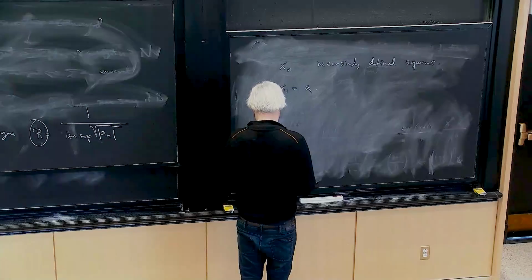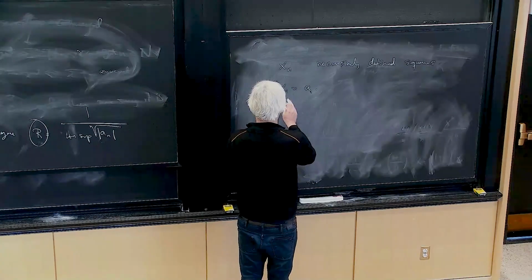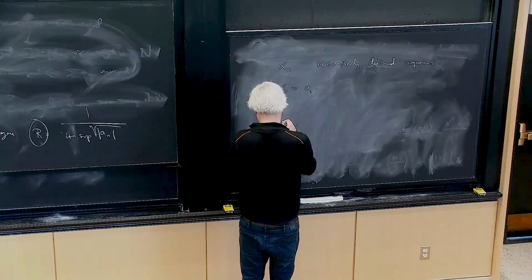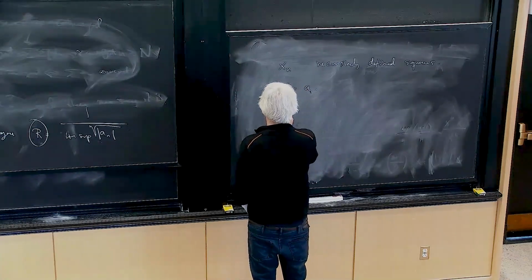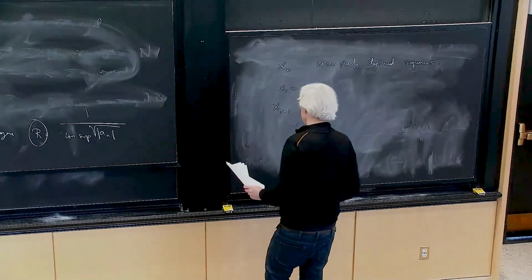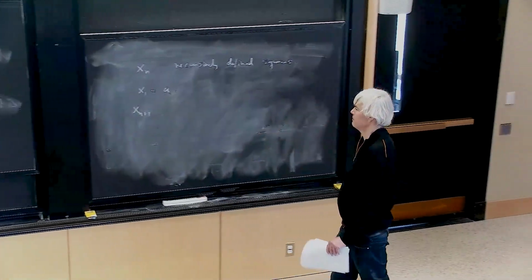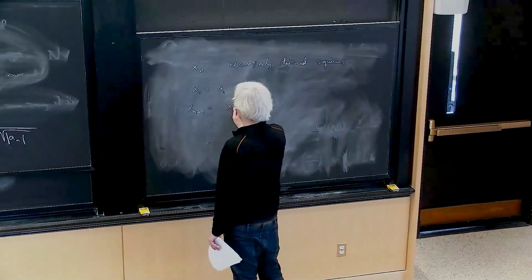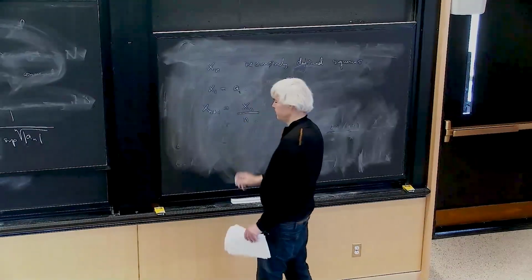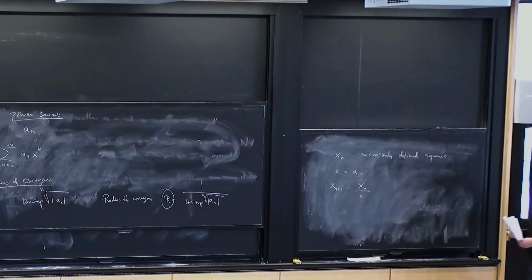The one I was suggesting looking at here is this: the first one is a, and the next one is defined to be x_n over n. It's actually simpler than what I have in my notes.